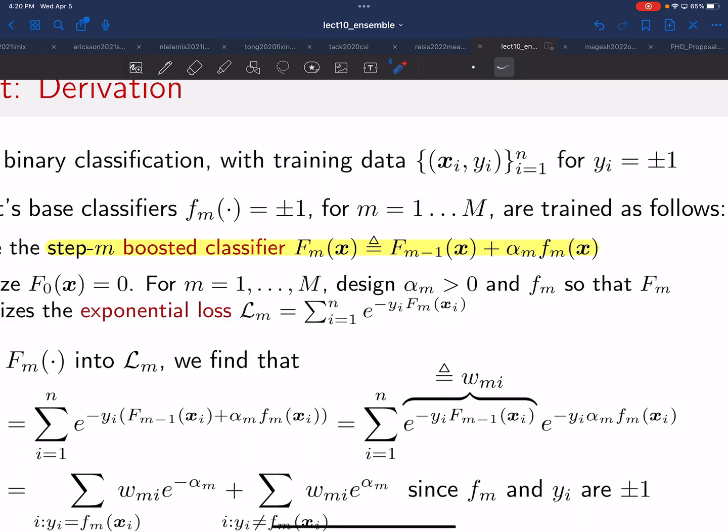And the larger this product is when it's correct, the smaller this value is, so it doesn't add much to our loss. We get a big addition to our loss when capital F has the wrong sign relative to y, because then the thing we're exponentiating will be positive, and this contribution will be greater than 1. So it's a very convenient loss just because it has such a simple form, e to this product. I think that's mainly why it's being used here. It's just really easy to work with.